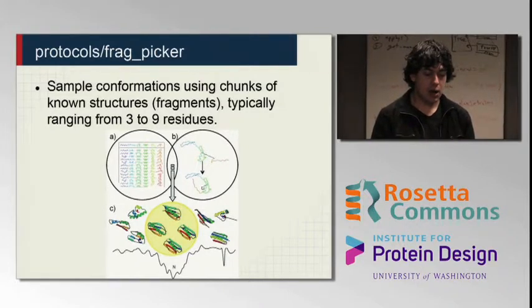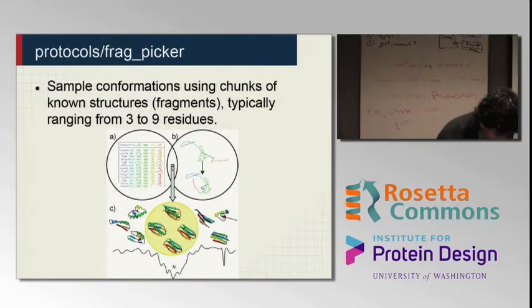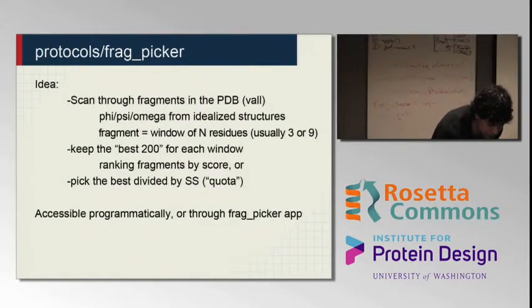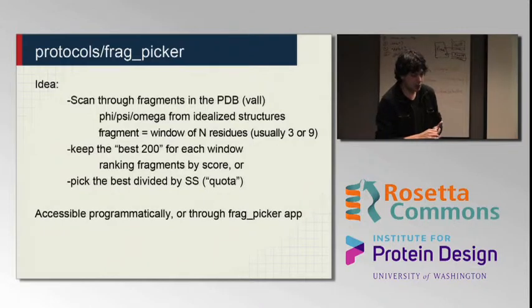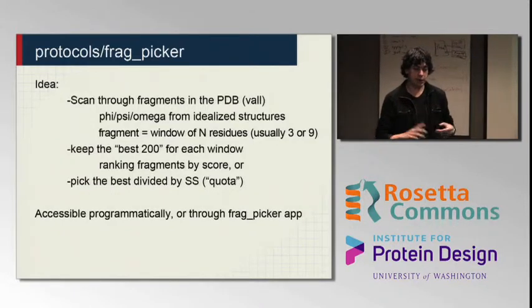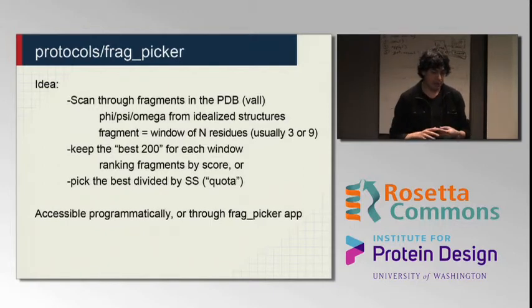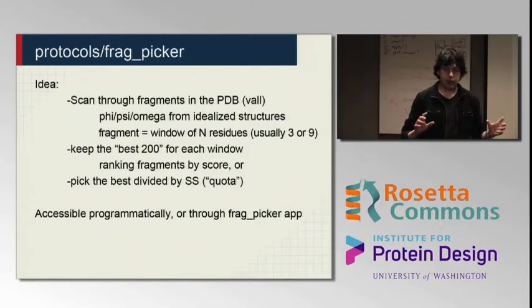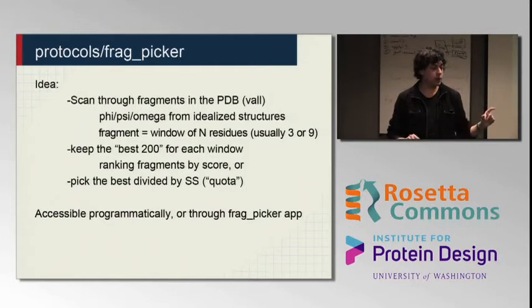So let's go a little bit more into this. The idea is that you have a database, and from there we have fragments of residues that are usually 3 and 9. That's the usual way in which we assemble fragments in Rosetta.